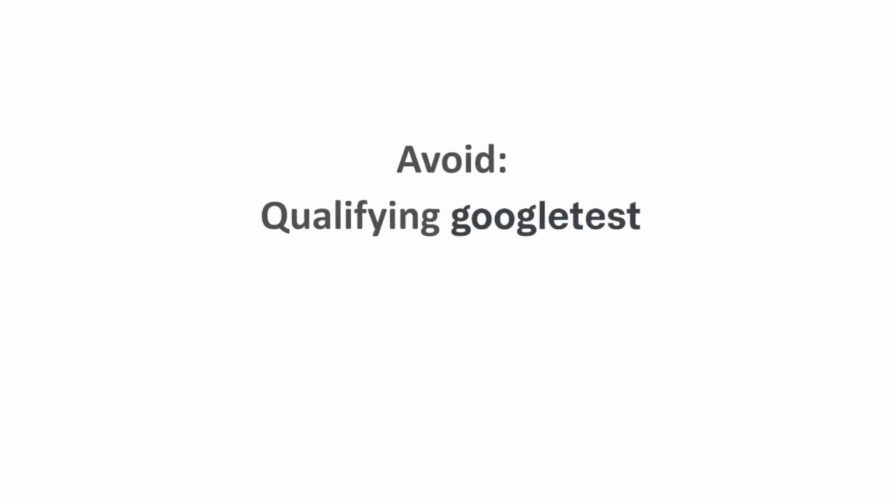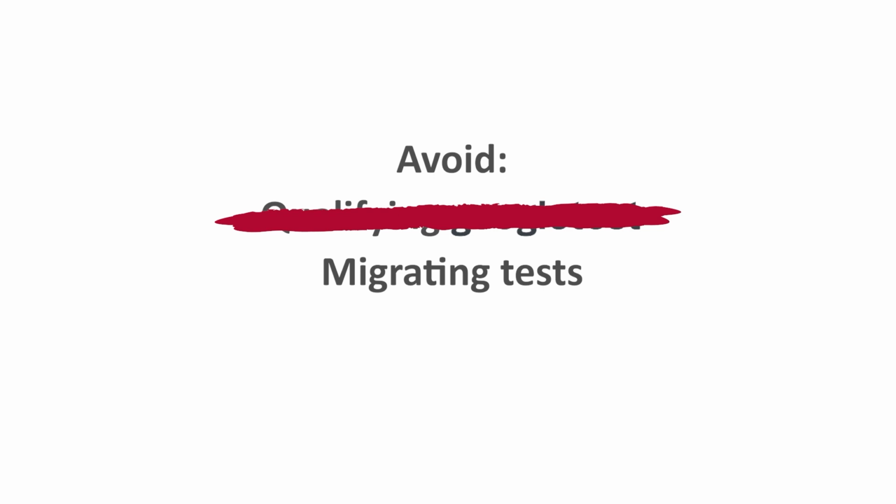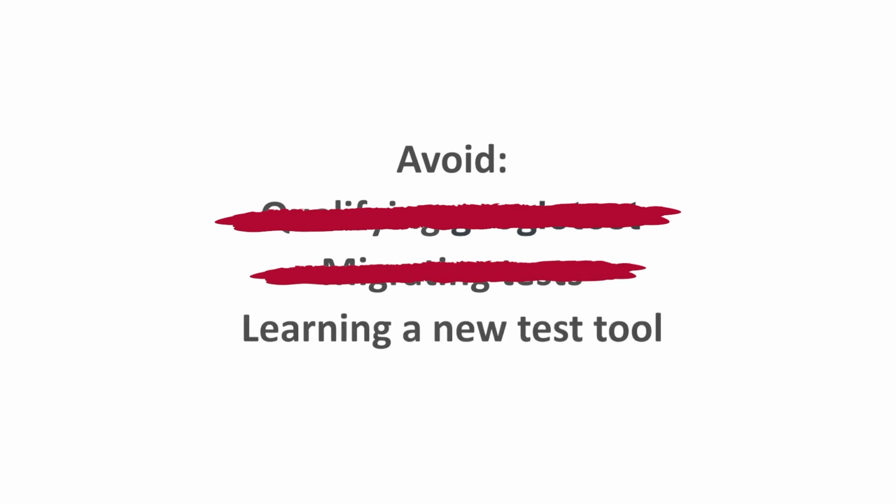Avoid qualifying Google Test yourself, creating requirements and tests for every macro used. Avoid migrating tests, buying a certified tool, and risking incorrect transfer of data. Avoid learning a completely different unit test tool.